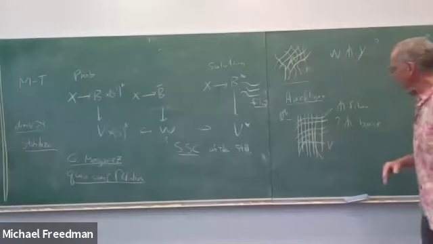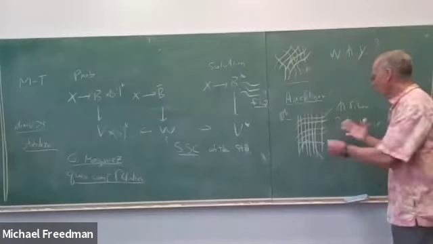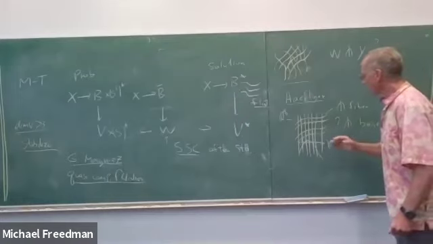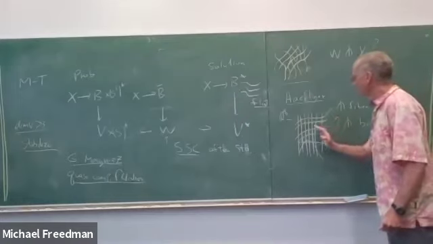So the Haefliger structure can be thought of as a problem of making two foliations transverse.